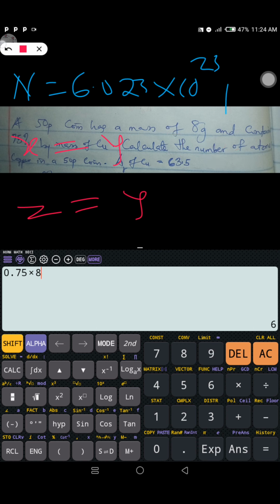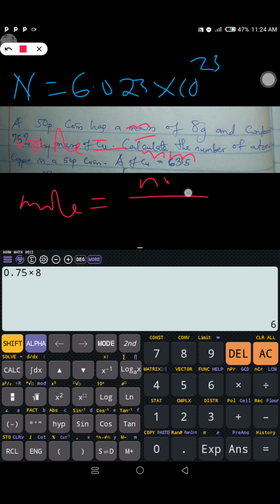I said that mole is equal to mass over molar mass. I equally say mole is equal to number of particles all over Avogadro constant. Since the two of them are mole, I can say these two are equal to each other. It's the same context.